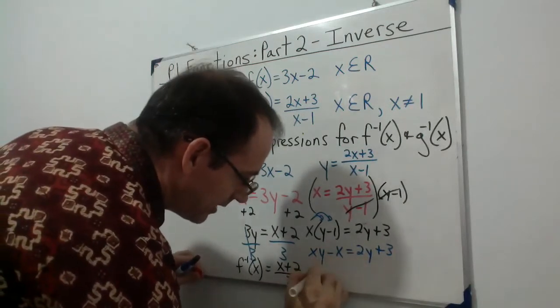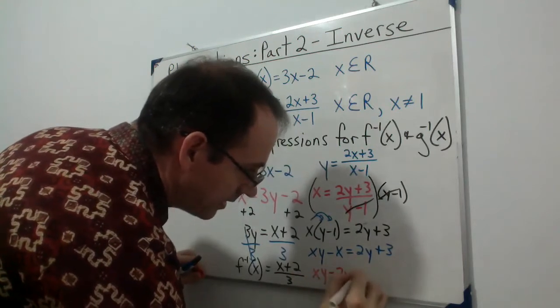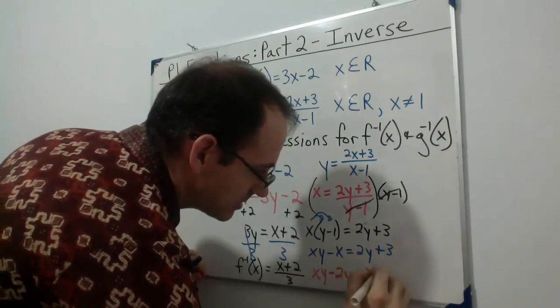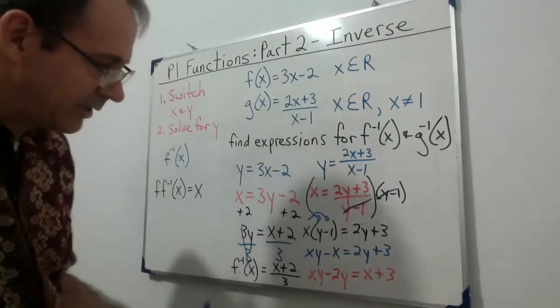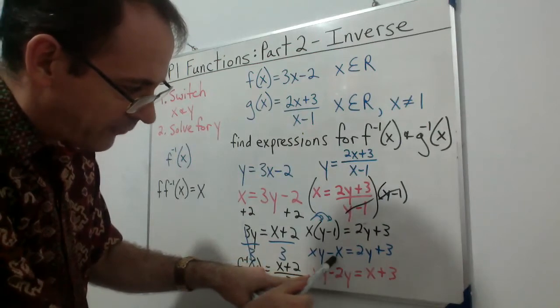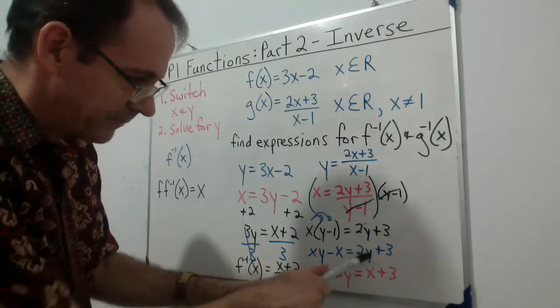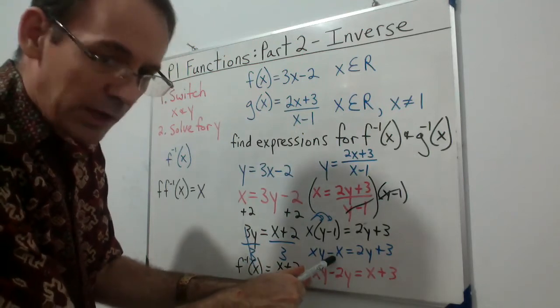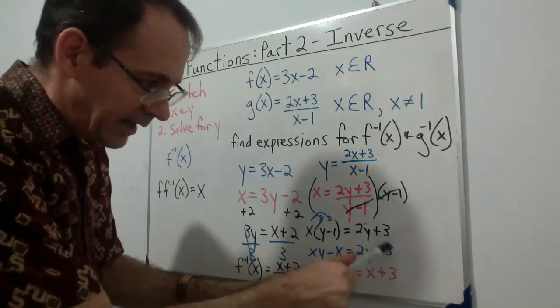So we get xy minus 2y equals x plus 3. Now I did a couple of steps together there. I hope you can follow it. So here's the xy. We subtracted 2y from both sides, and it shows up right here, cancels from this side. And the minus x does not have a y in it, so we added it to the other side, and then here's the 3.